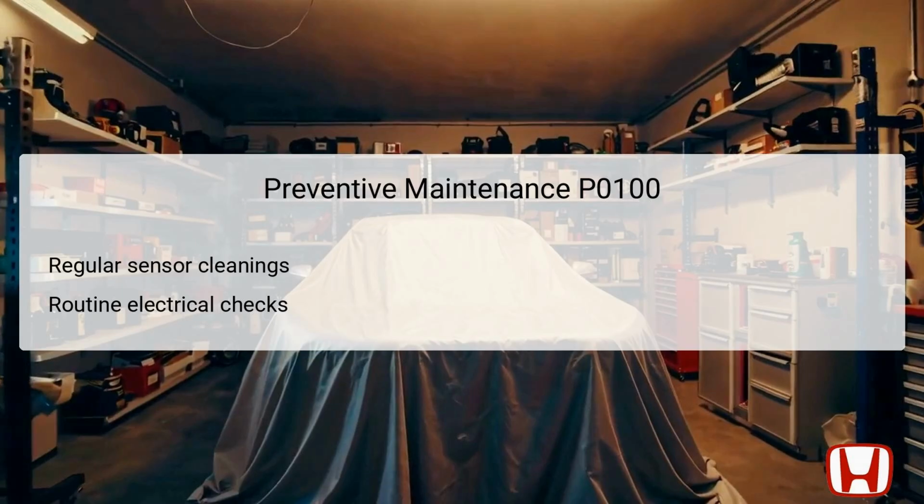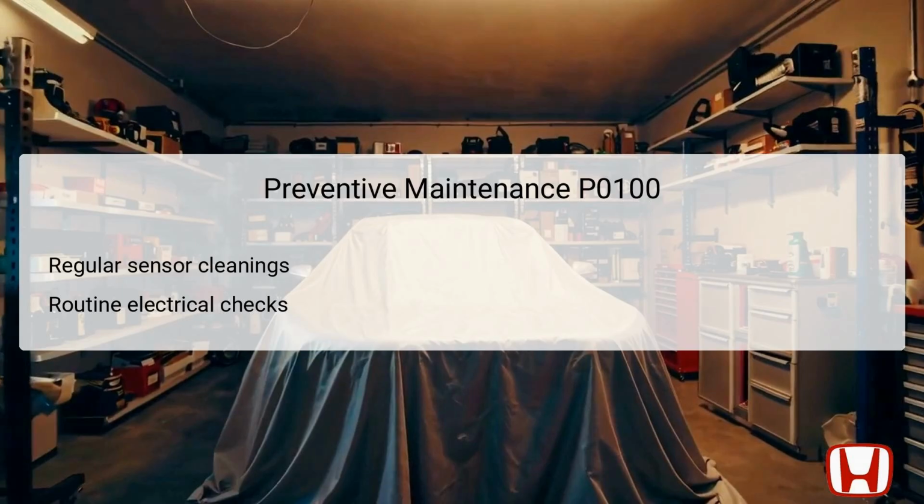Preventive maintenance can help avoid future occurrences of DTC P0100. Regular cleanings of the MAF sensor and IAT sensor can keep them functioning optimally, removing dirt and debris that may affect their performance. Additionally, establishing a routine for inspecting electrical connections and circuit integrity can catch potential issues early before they lead to malfunctions.